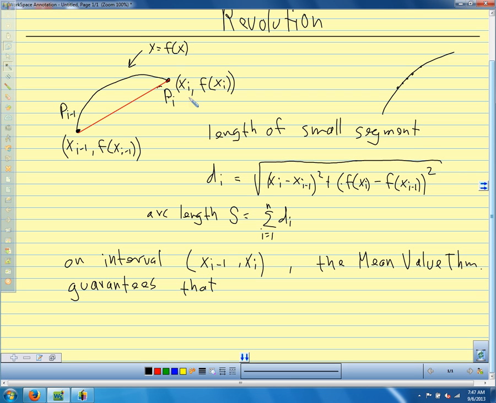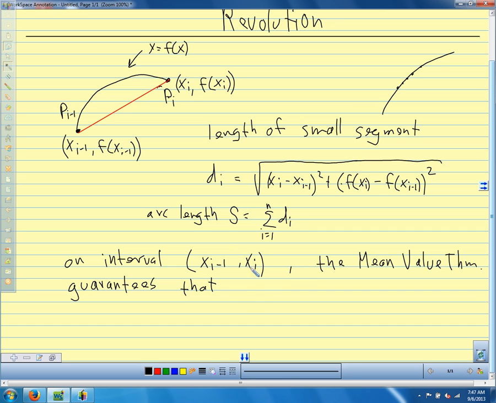Perfect. So the mean value theorem guarantees us that the slope of this segment is equal to the derivative of the function at some point in that interval. So at some point in the interval, we'll be able to find where the derivative and the slope of this segment are the same. That was a perfect statement of what the mean value theorem is. Nice job. All right.